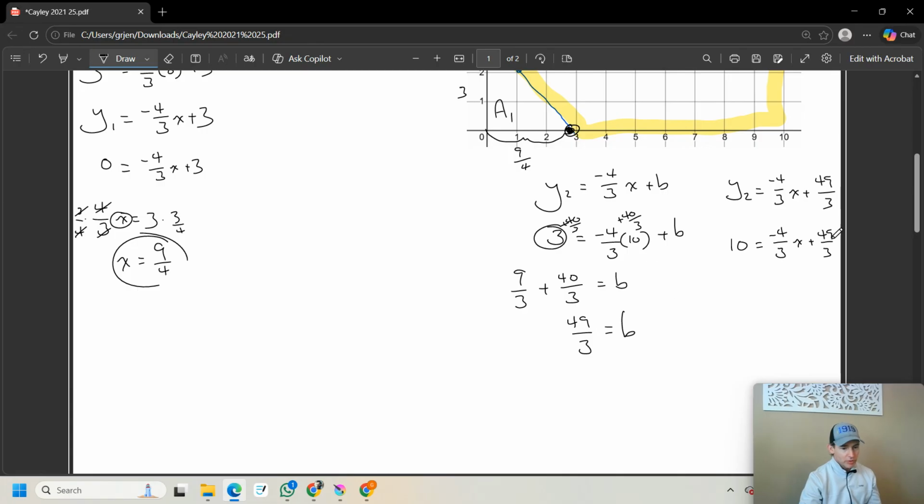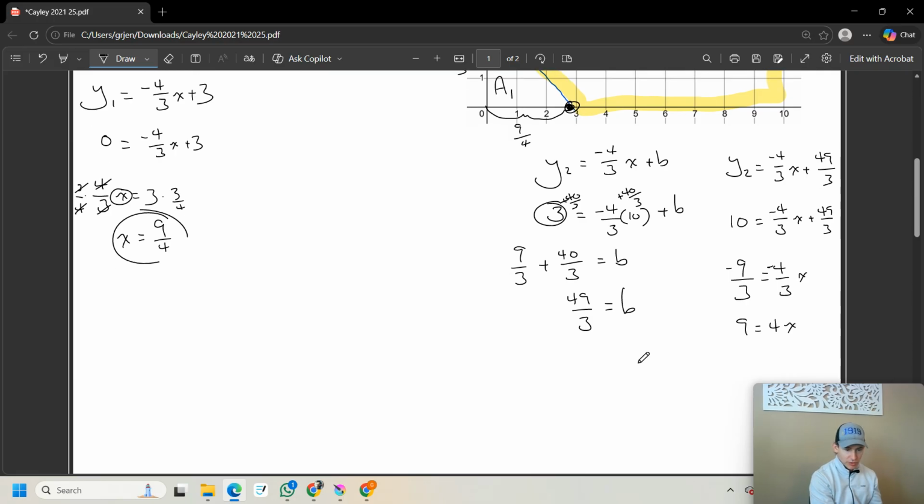All right, so then we subtract 49 on 3 from both sides and get minus 9 on 3 equals 4/3 x, which is to say, wait, what? Oh, minus 4/3 x, right, which is to say 9 equals 4x, because we're going to multiply both sides by minus 3, and x equals 9 on 4.